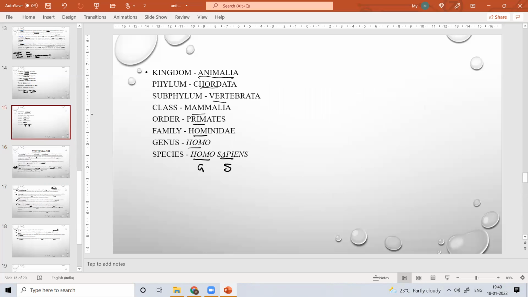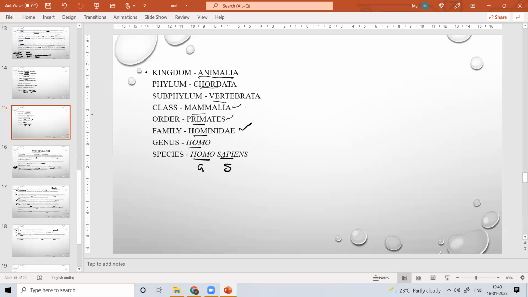So here is the classification of Homo sapiens, that means human beings. Homo is the genus and sapiens is the species. It belongs to the family Hominidae, the order primates, and the class Mammalia. That means all milk producing animals. It also includes dogs, cats, and tigers. The subphylum is Vertebrata.